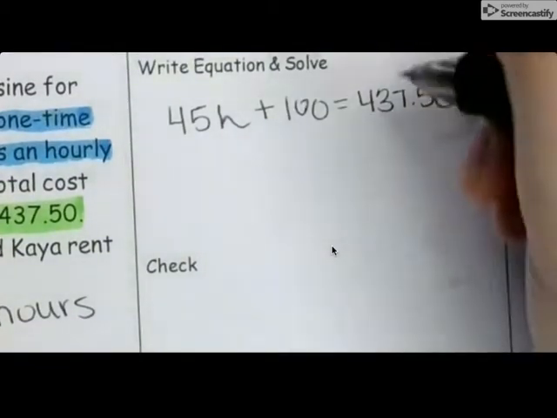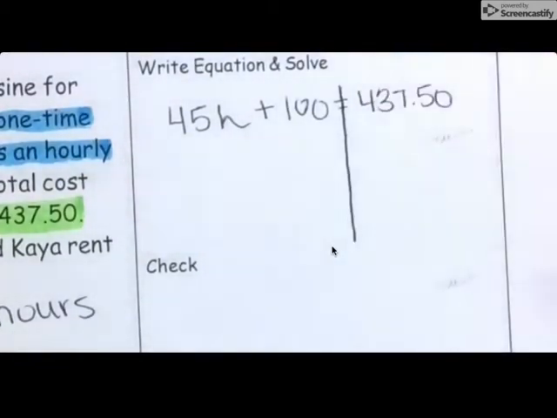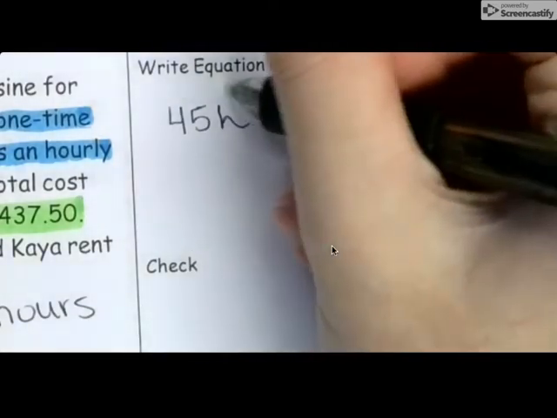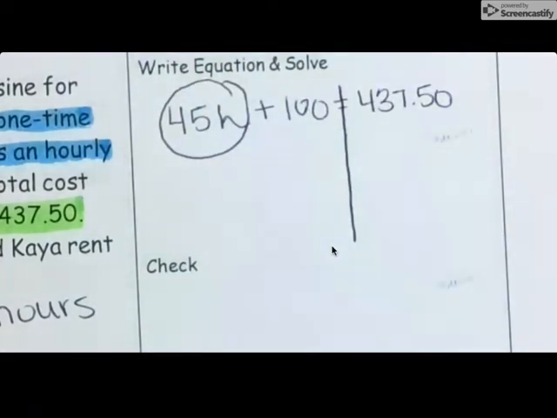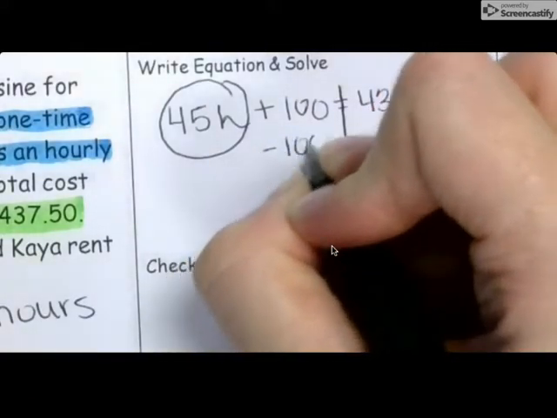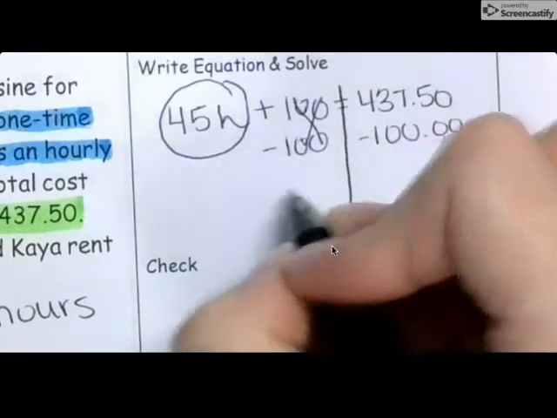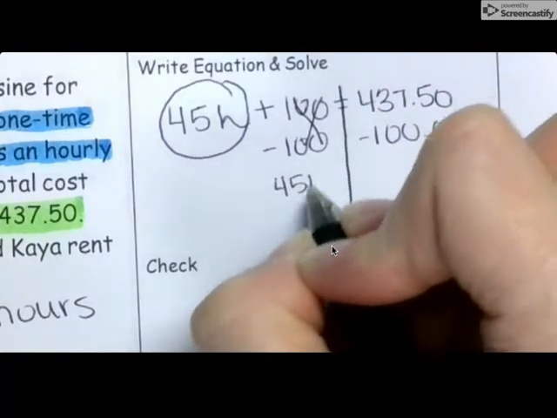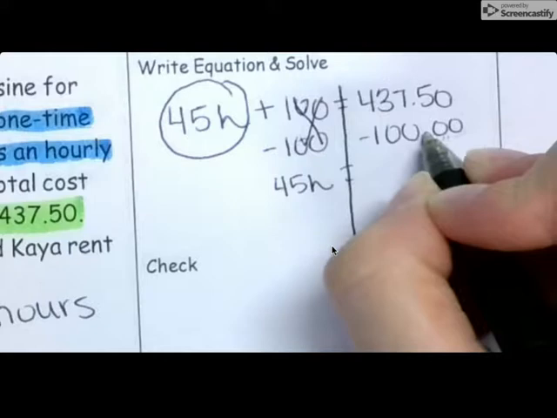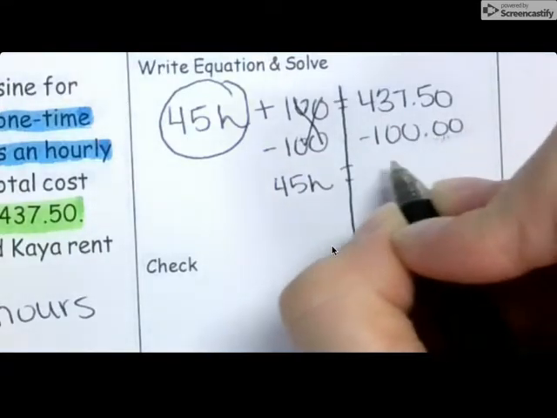Okay? Then I'm going to draw my barrier because I need to solve it. There's nothing to distribute, nothing to combine, so I need to isolate, which means I need to do the opposite. So I'm going to subtract 100 first. Remember, when you subtract decimals, they have to be lined up, which is why I did a decimal here and 2 zeros.